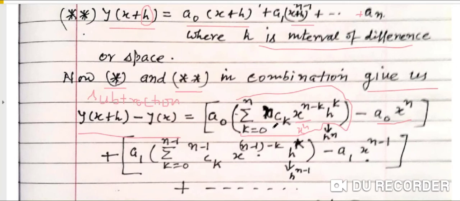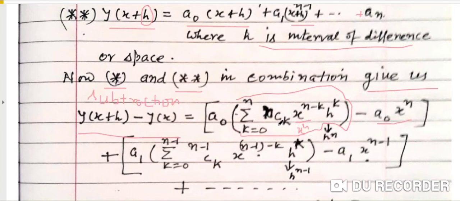The second term will be what? k is equal to 1, so nC1, x to the power n minus 1, h to the power 1. nC1 is what? Factorial n upon factorial 1 into factorial n minus 1.